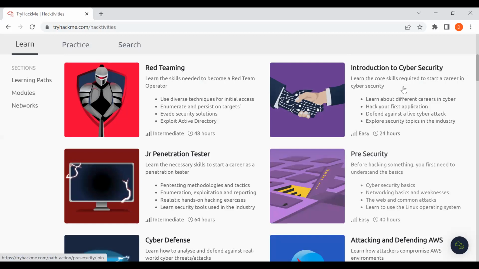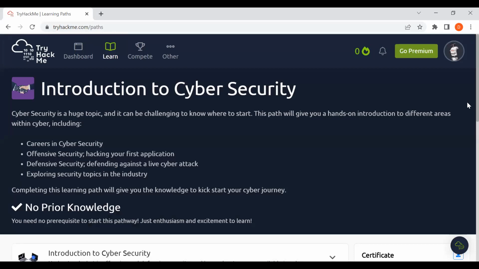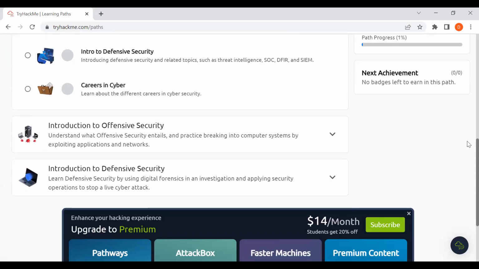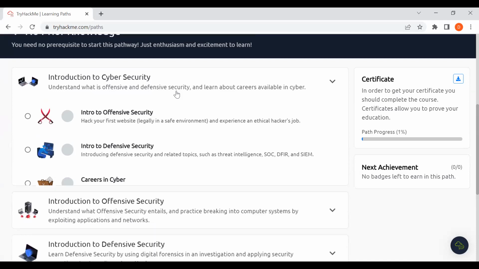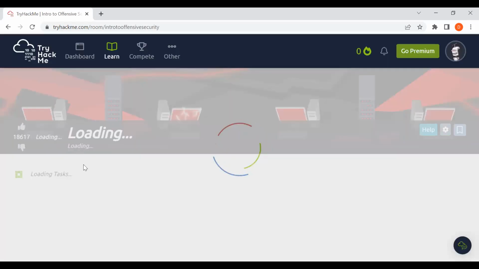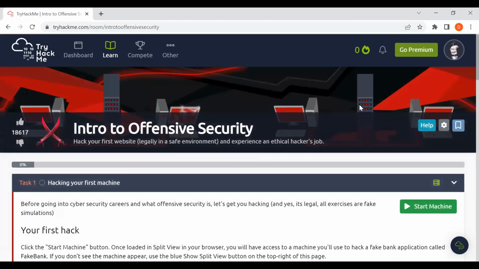Now, if you come to the introduction to cybersecurity, this is free, right? Like I told us, from what we saw from the other one, you read through and answer the question. If you answer the question, that box will be ticked for it, right? So let's see what they have here.